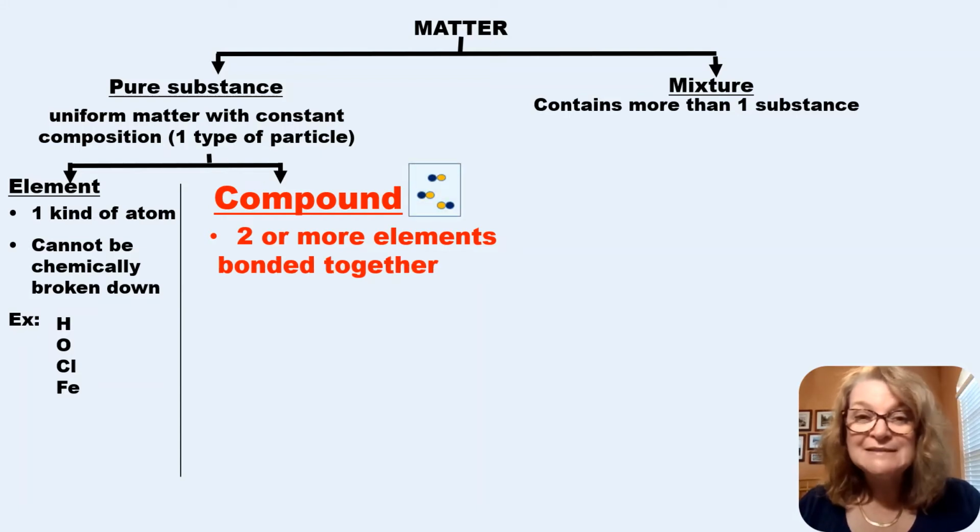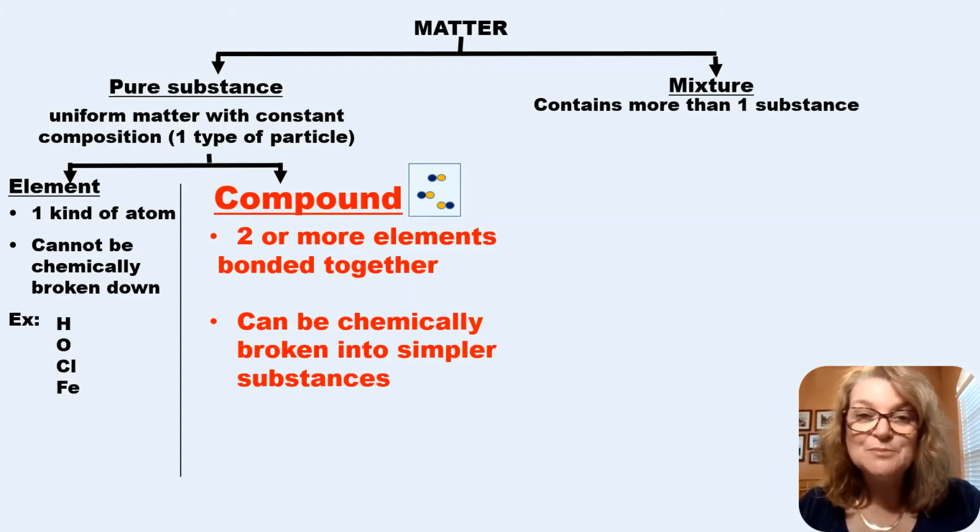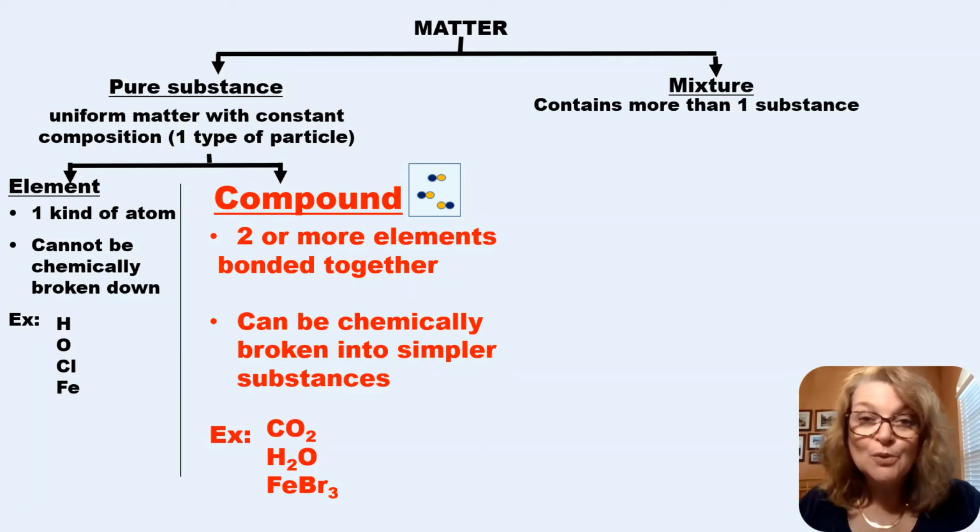So you don't have just one type of atom, you have to have at least two different types of atoms within a compound. Now, because these atoms have been chemically bonded together, you could break that bond, so this can be chemically broken down into a simpler substance or back into the original elements. Some examples of these could be CO2, H2O, or even iron bromide.